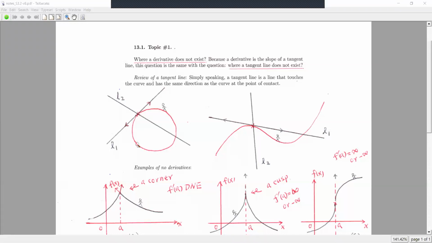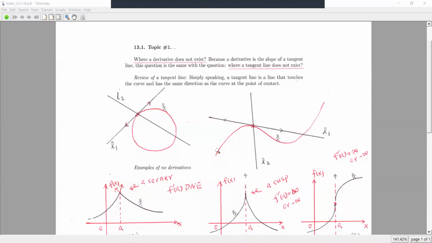Walk from the other side. When I pass the point of contact, my walking direction is this direction. These two directions are the direction of the circle at this point. Line L1 matches these two directions. So line L1 is a tangent line at this point.